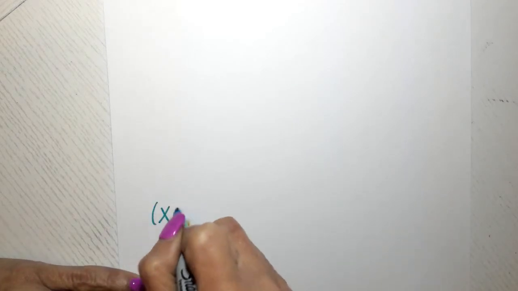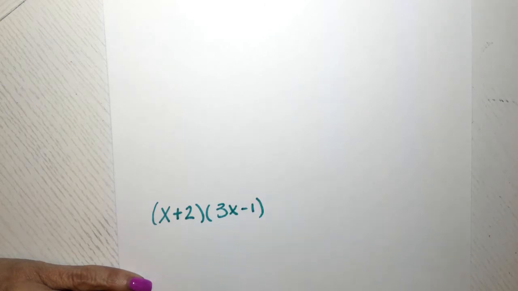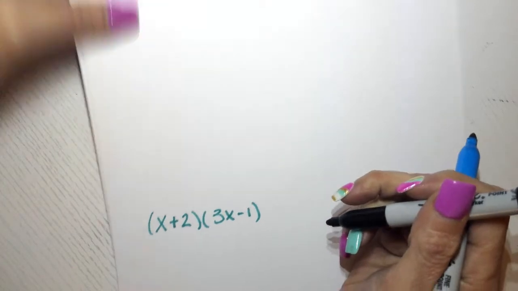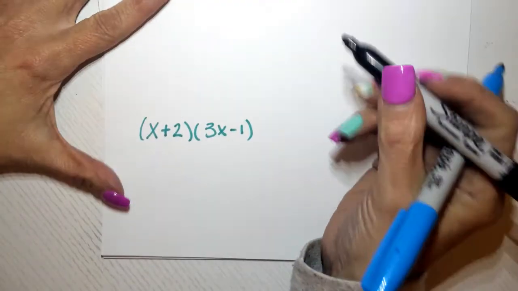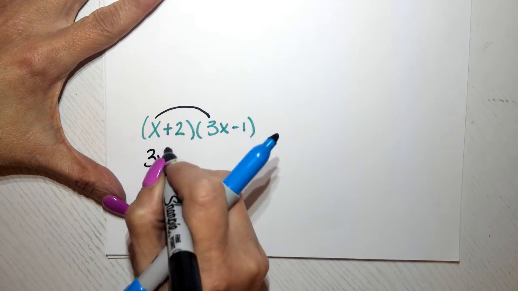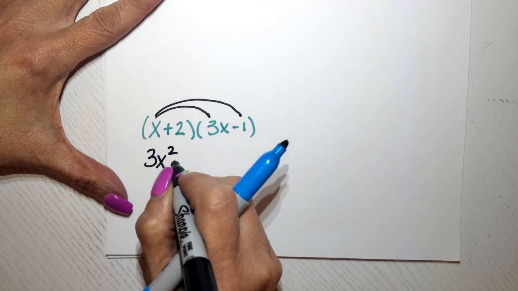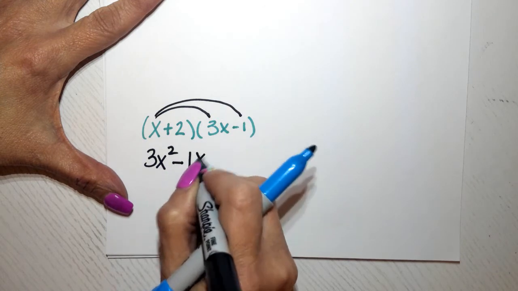In the past, I gave you x plus 2 times 3x minus 1. And we would take it and say, okay, let's do the distributive property. X times 3x, and you would say, oh, Mrs. Dean, that's 3x squared. Then x times negative 1 is negative 1x.